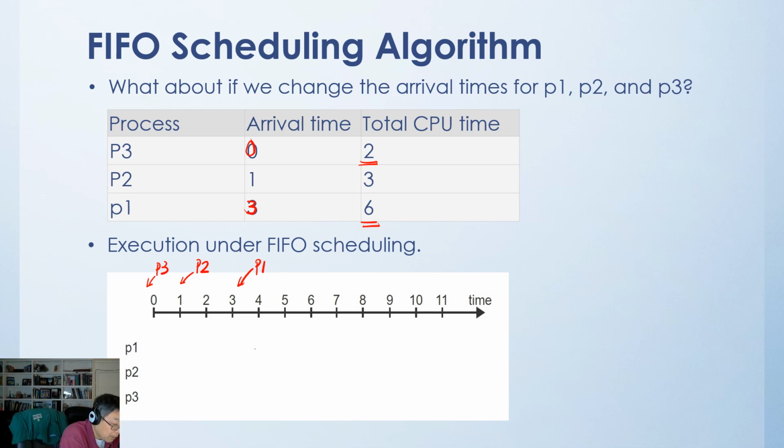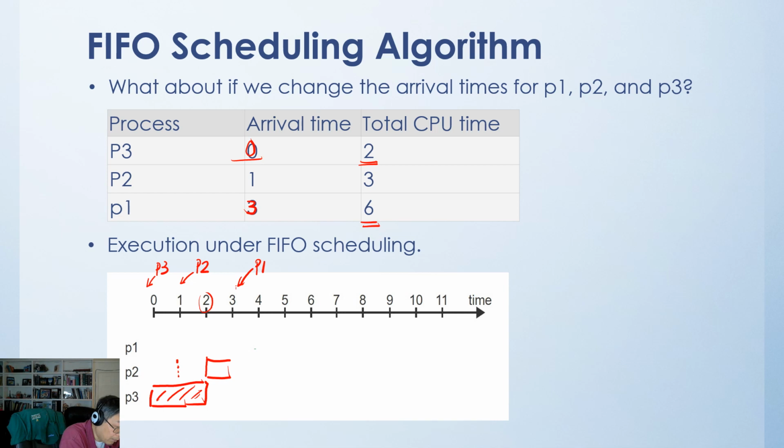So let's take a look at this again. Because process 3 arrived at time 0, process 3 is the only process, so it takes the CPU and runs. At time 1, process 2 arrives, right? But process 3 is going to continue to run because it's FIFO. It's non-preemptive. Now at time 2, when process 3 finishes the job, process 2 gets the CPU and starts to run.